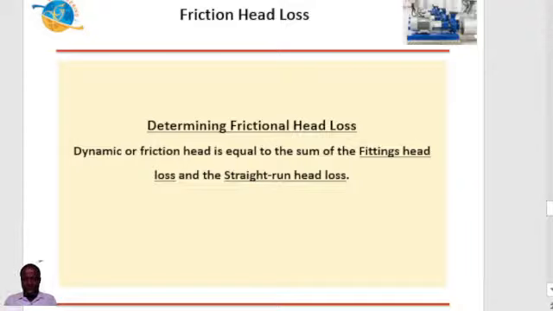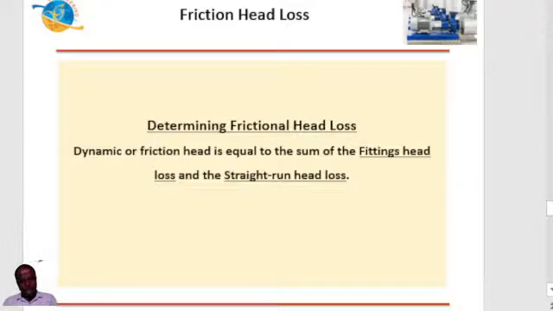So to determine your frictional head loss, it is going to be the sum of the fittings head loss and the straight run head loss. You have fittings like elbows, tees, and reducers. Different types of fittings are at both the suction and the discharge end of the pump.